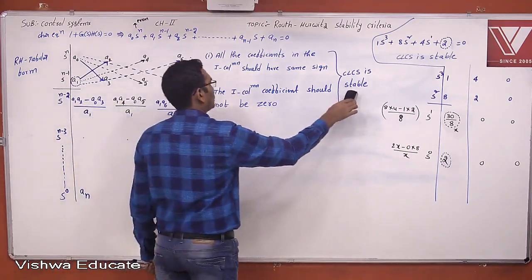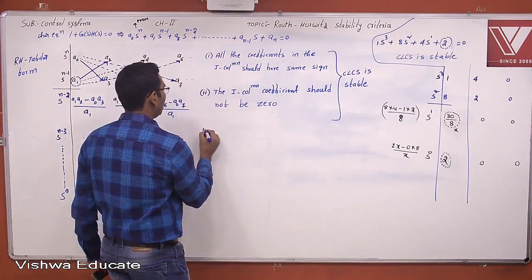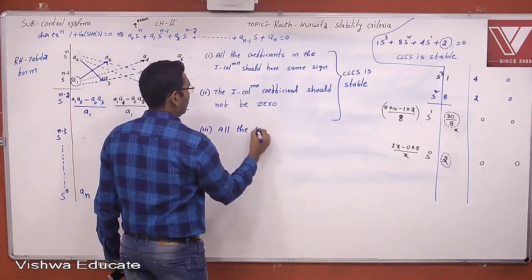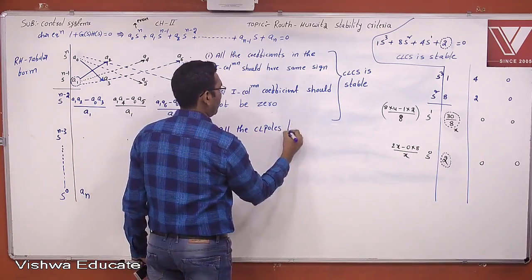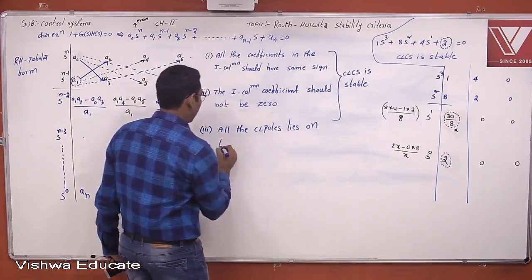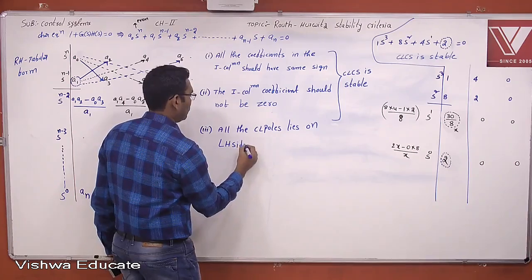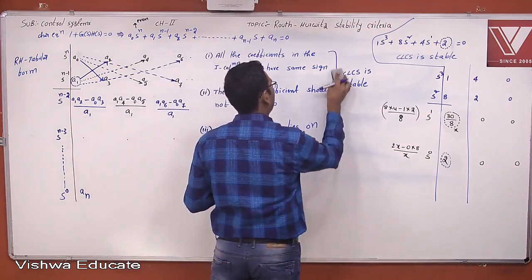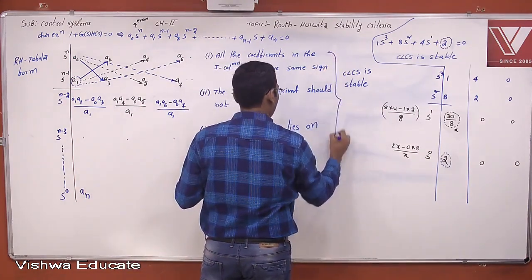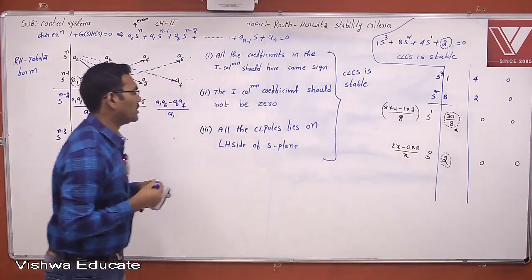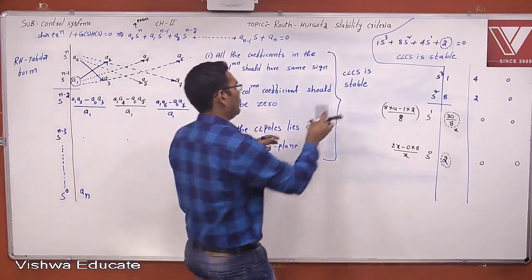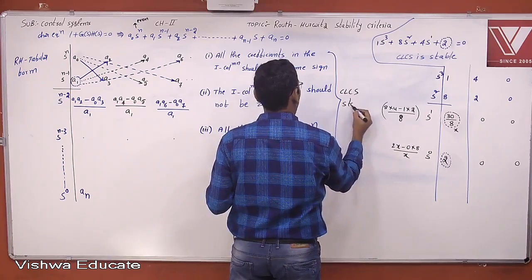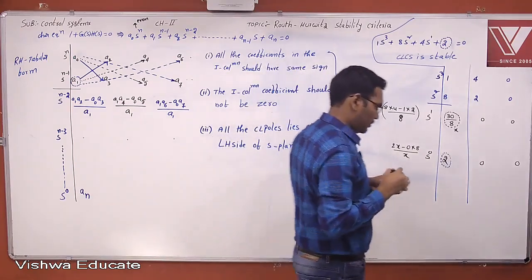If the closed loop control system is stable, all the closed loop poles lie on the left hand side of the S plane. This is the procedure for a characteristic equation of any order. Note this down first.